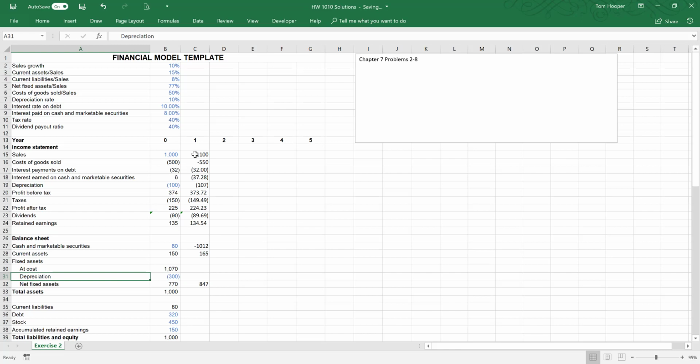Accumulated depreciation, which means all the depreciation over time, is equal to whatever it was in the previous year plus whatever depreciation we had this year. Therefore, net fixed assets at cost must equal net fixed assets plus accumulated depreciation, minus.